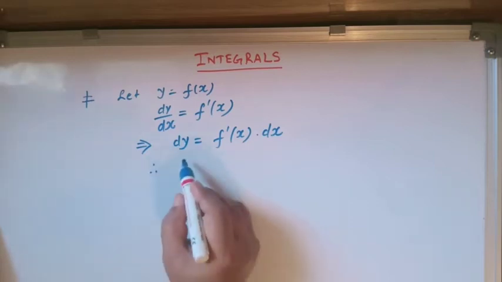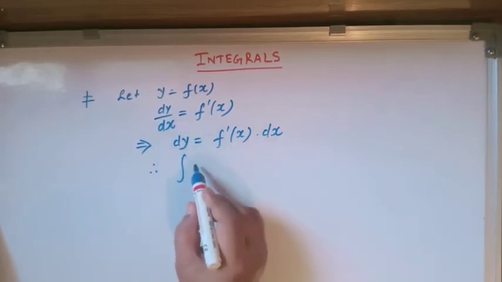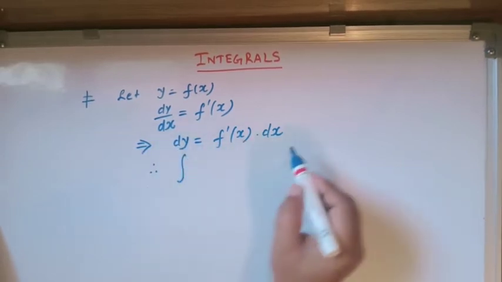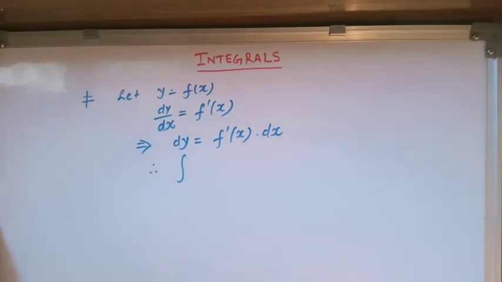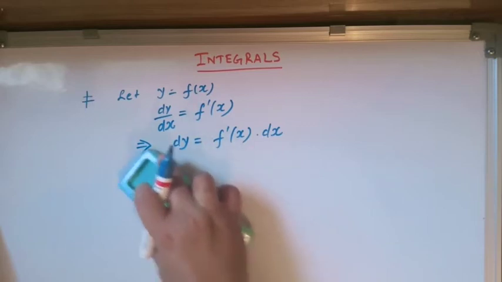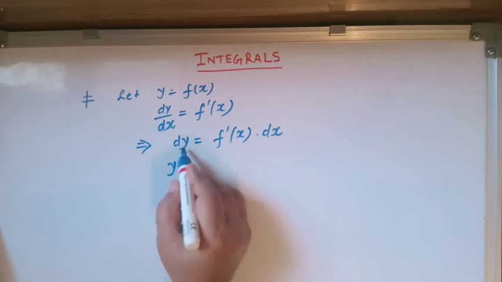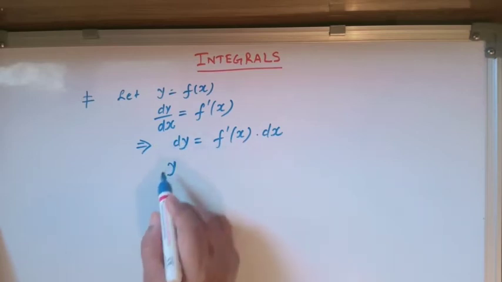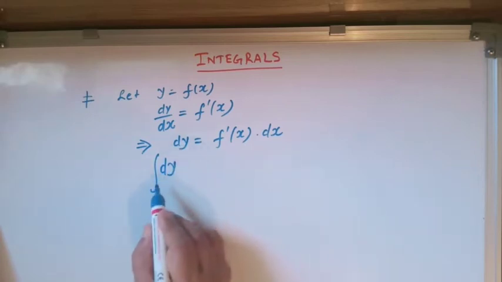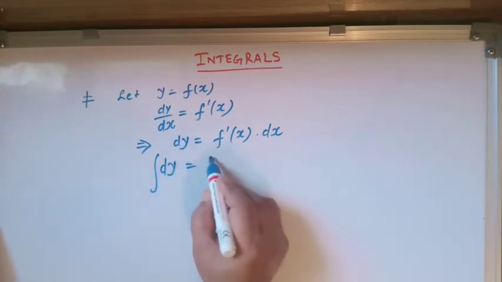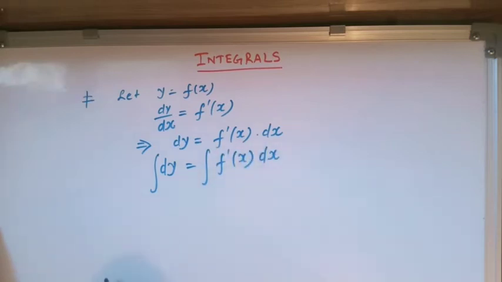So therefore, if we write this expression in terms of integrals, we can say that the integral of dy, I'm sorry, the integral of y is the integral of dy, then we can write it as the integral of f prime of x dx.